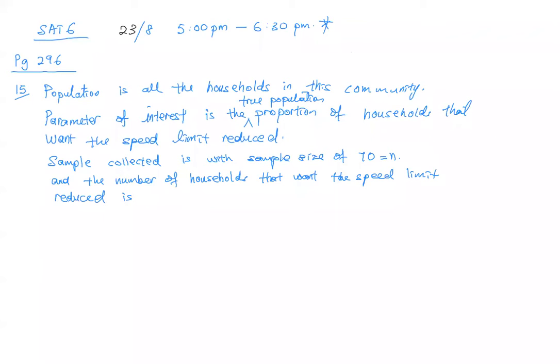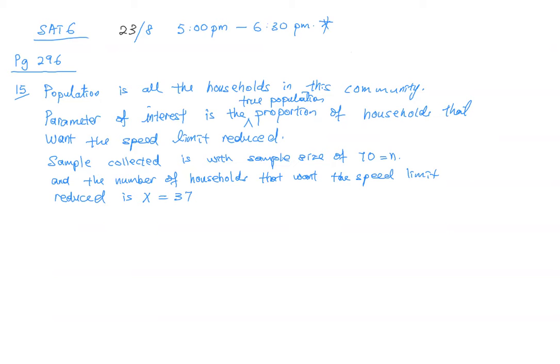We use the symbol X to represent it. X is equal to 37. So you see, you got a problem.